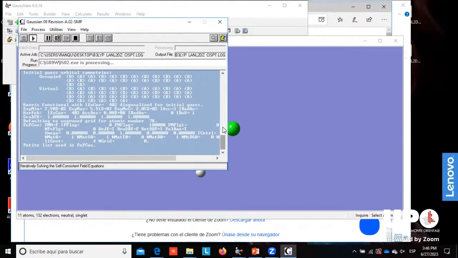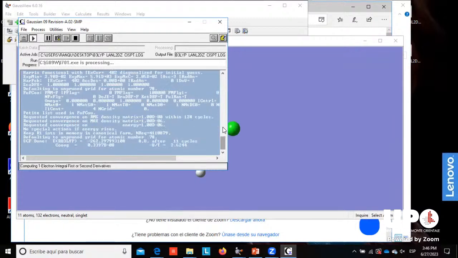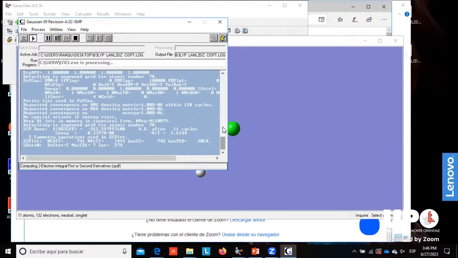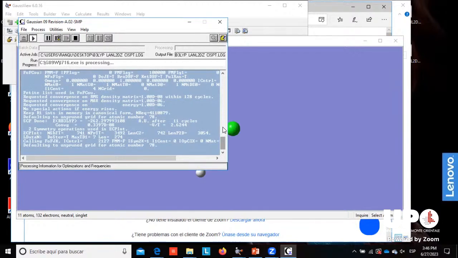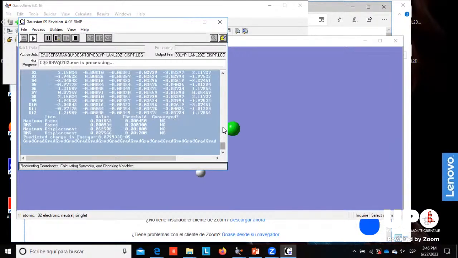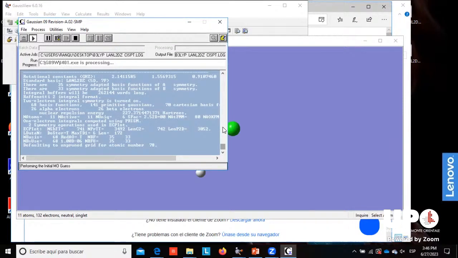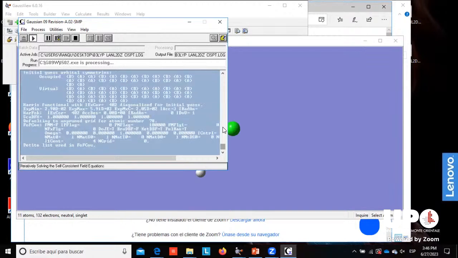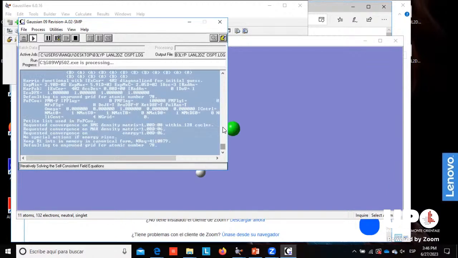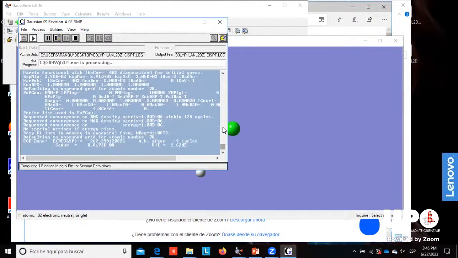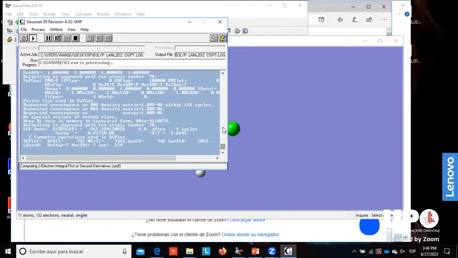What about you? You can see on the screen when it passes the convergence criteria how many yes you have. I still have 4 no's, so that means I'm still far. So you see 4 no's there. You need 4 yes to complete the optimization and then the frequency calculation.